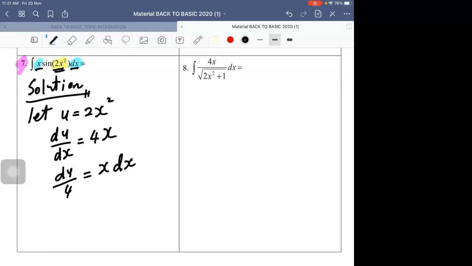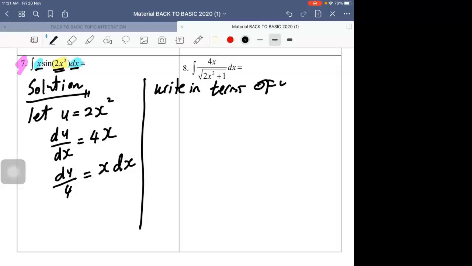So if I write in terms of u, what I have here is the integral of sine 2x square x dx. Remember student, this is multiplication. If you have two functions, you multiply. So never mind, you can bring your function to the back, because this is multiplication. fx multiplied with gx also equals gx multiplied with fx.